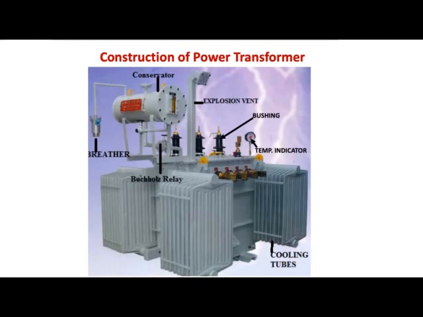So the Buchholz relay traps the gas released in the tank before it goes to the conservator, and the level of the gas released can be analyzed for different purposes, and the relay can operate as an alarm in a few situations and give a trip signal if the situation is serious or it has to be taken as a shutdown.